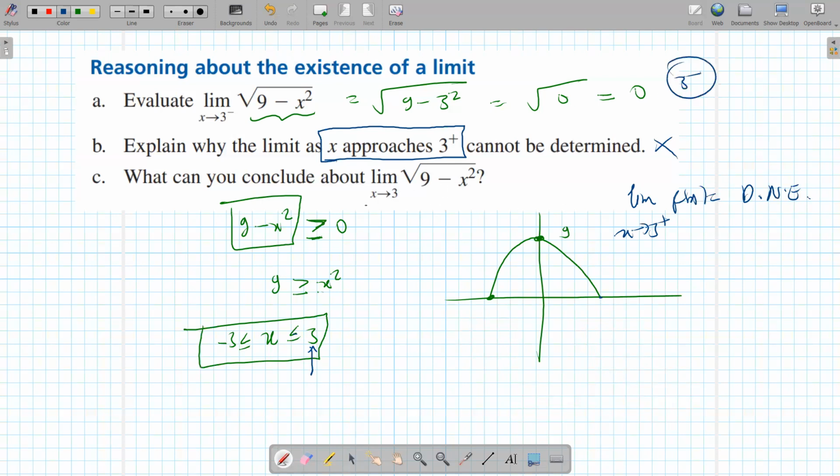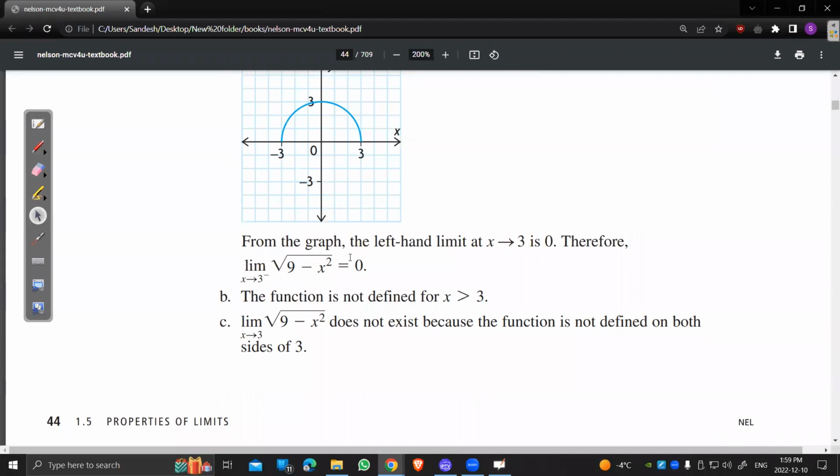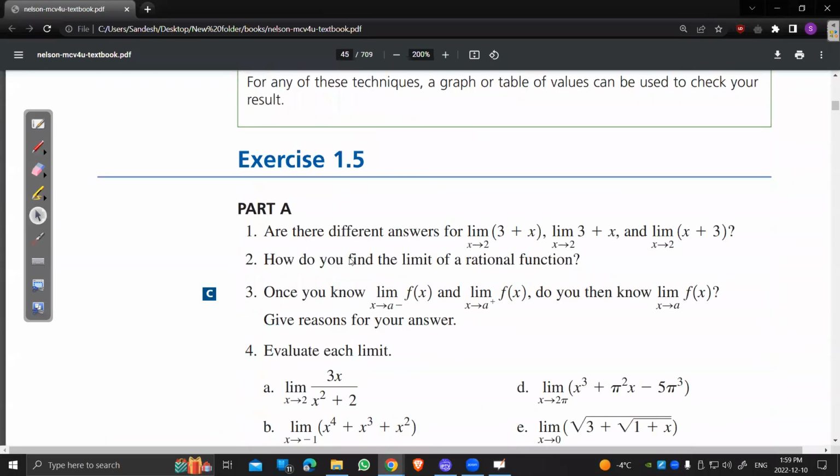So what's the limit at 3? At 3 plus, it doesn't exist. At 3 minus, the limit is 0. What is the limit at 3? It doesn't exist, because the left-hand side is not equal to the right-hand side, and you're done. Left-hand side does not equal right-hand side, so it is nada.